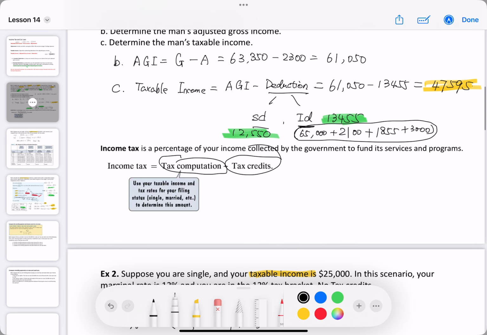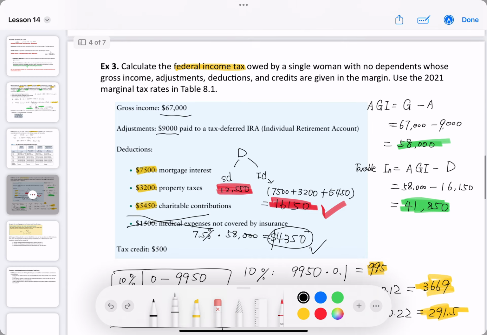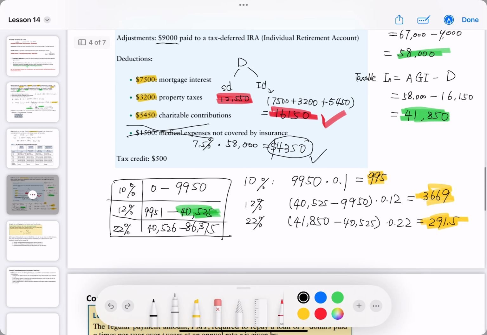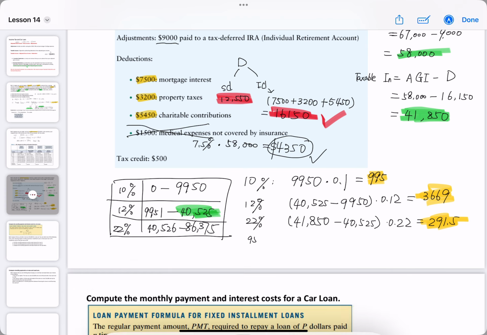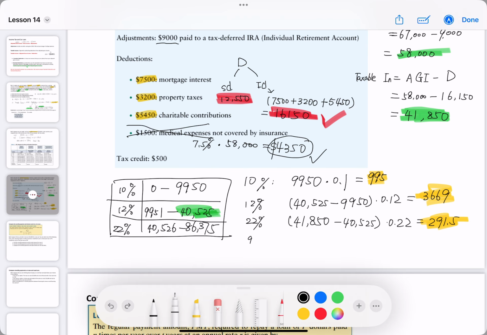Then we also need to minus the tax credit, because this lady has the 500 tax credit. So we're adding them together: 995 plus 3669 plus 2281.5, then minus $500.